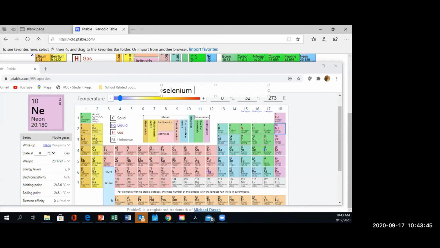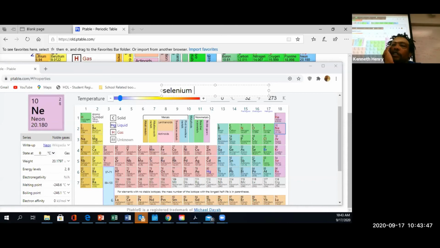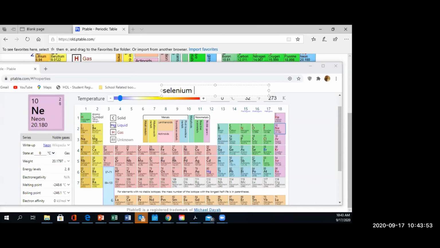So let's see, what about strontium? Group 2, period 5.